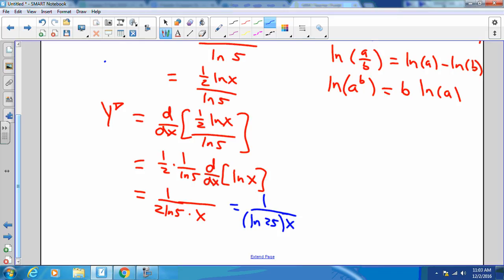Okay, good. All right, now let's actually leverage this technique of logarithmic decomposition to find the derivatives of functions that have variable exponents.